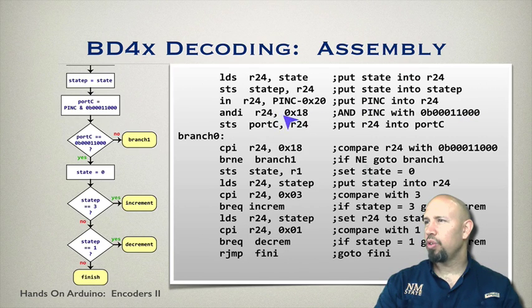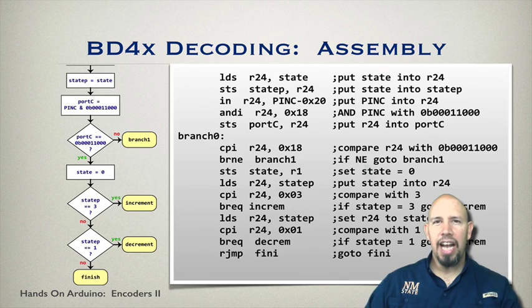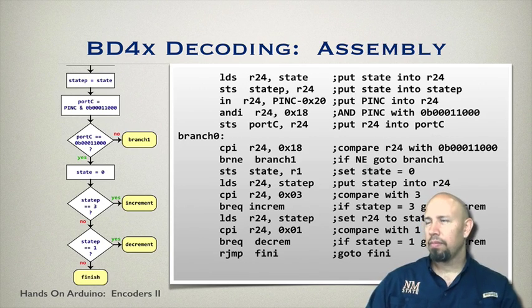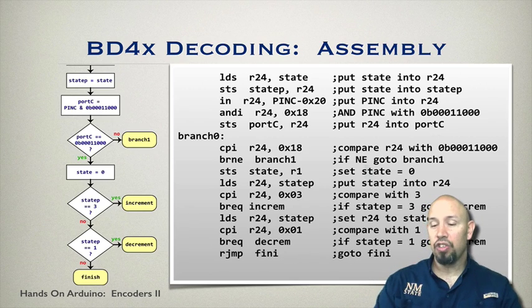So we're ANDing these two together, and that is basically giving us this. Register 24 contains that value. We're going to take register 24 and put it into port C. We need to use the STS command to do that because this is memory, not a register. By using that COM command, we've actually set it up to be in memory somewhere. I don't even know where it is, but the compiler knows where it is.